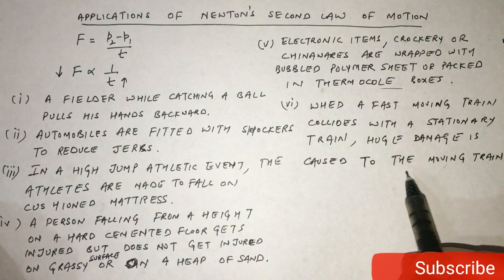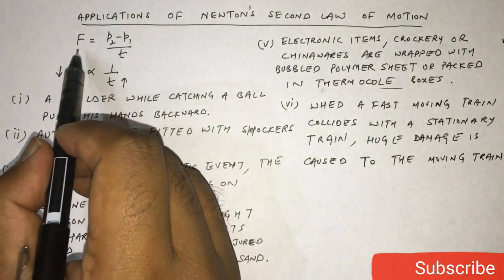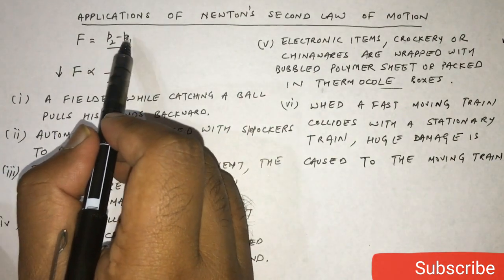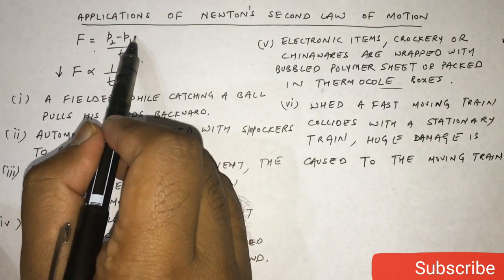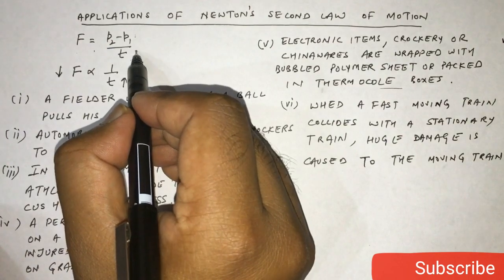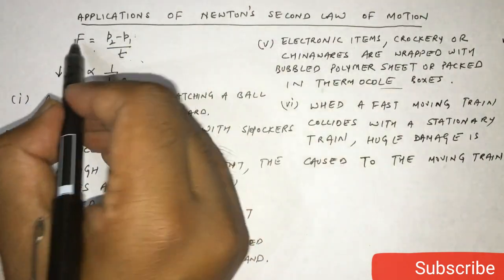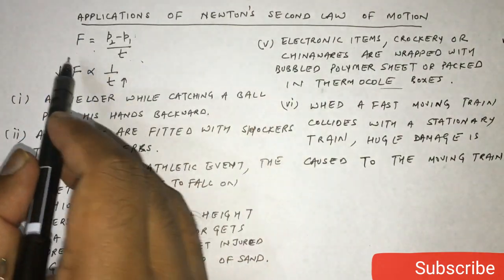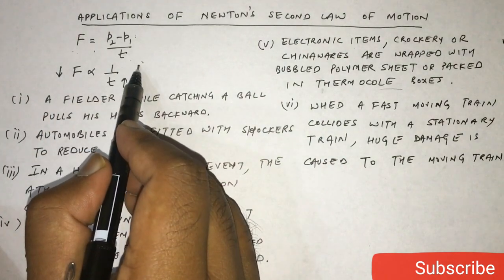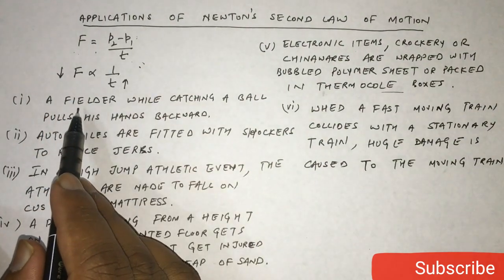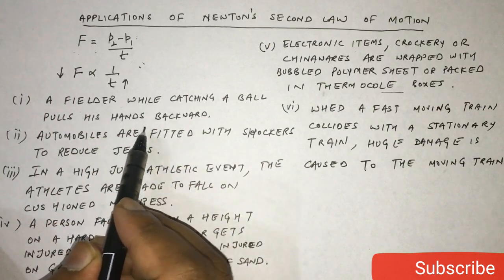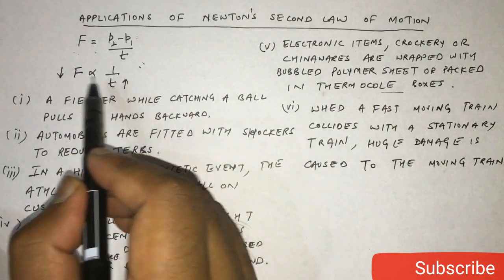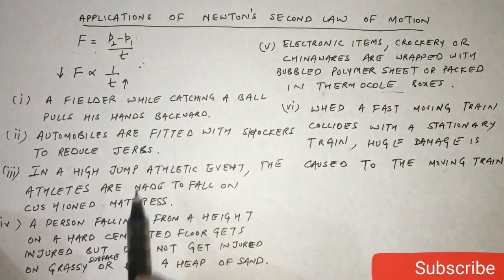I am repeating again. We have the formula F is equal to (P2 minus P1) upon T, which means force is equal to rate of change in momentum. If you increase the time of impact, then the force will decrease because force is inversely proportional to the time. In the first application, a fielder while catching a ball pulls his hand backward to increase the time of impact and to decrease the force.